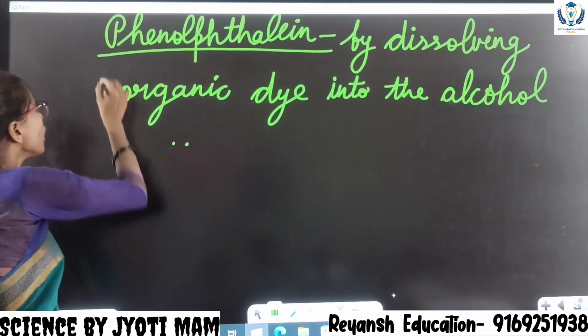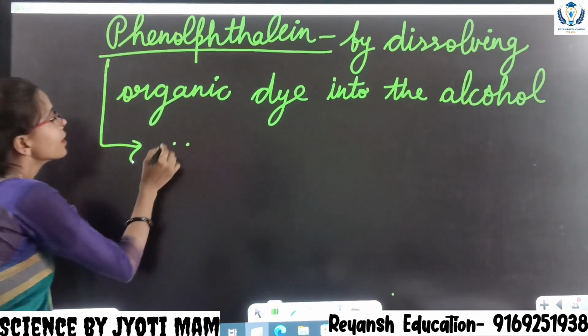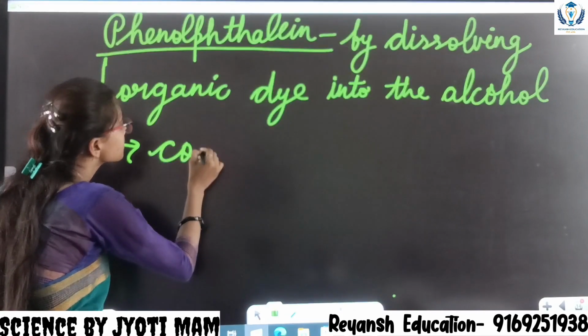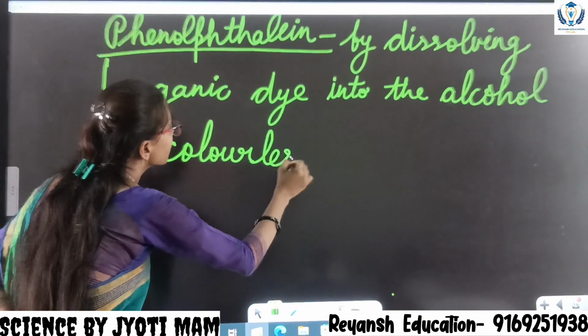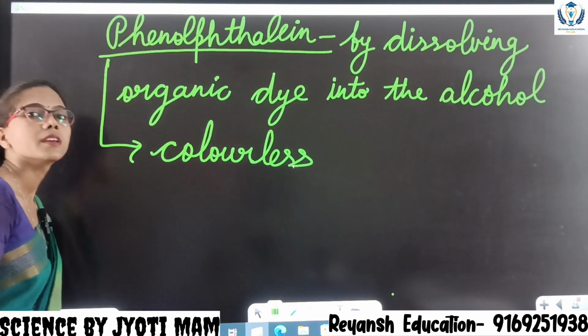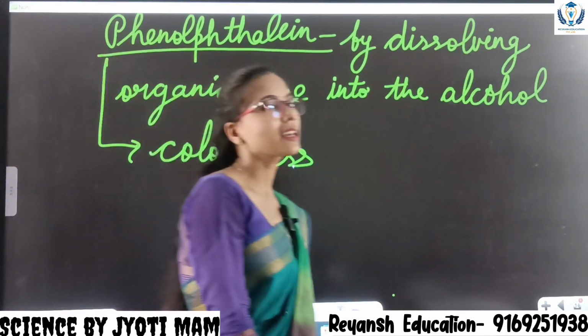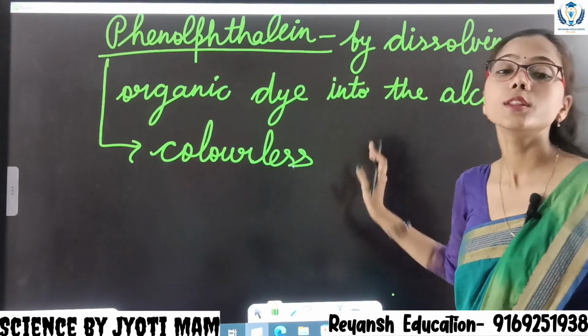Now, the color of phenolphthalein indicator is colorless. Phenolphthalein indicator is colorless, meaning it has no color.